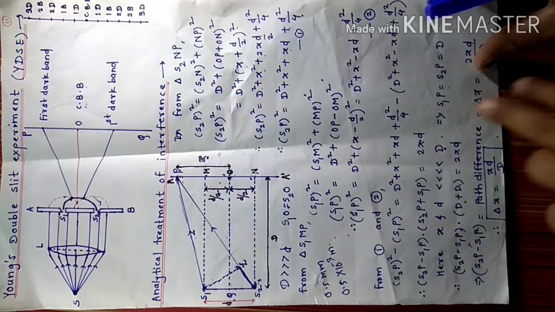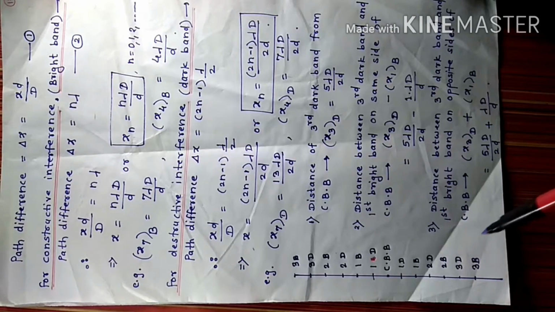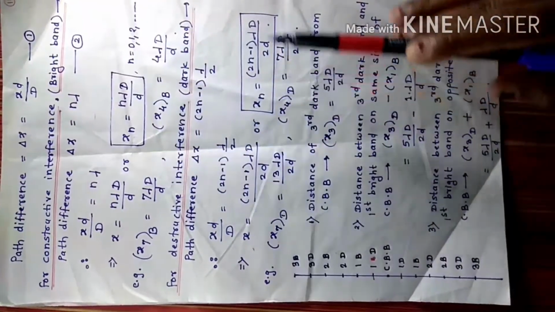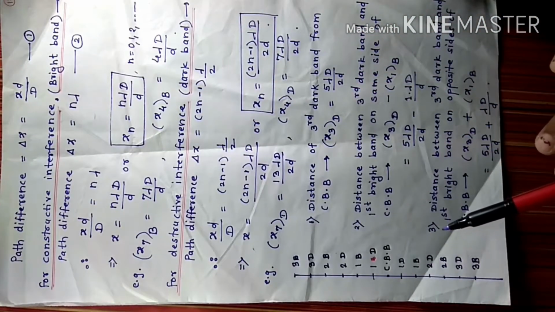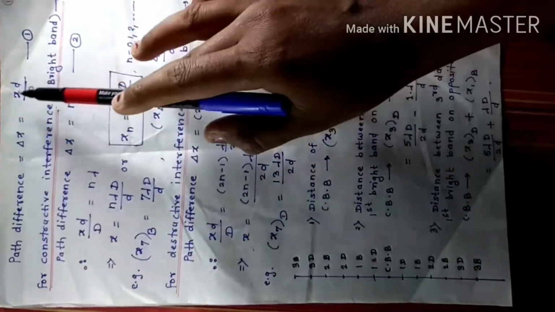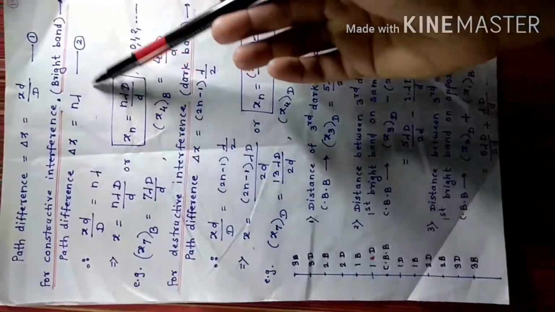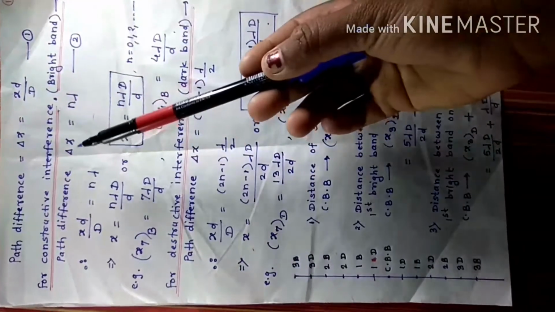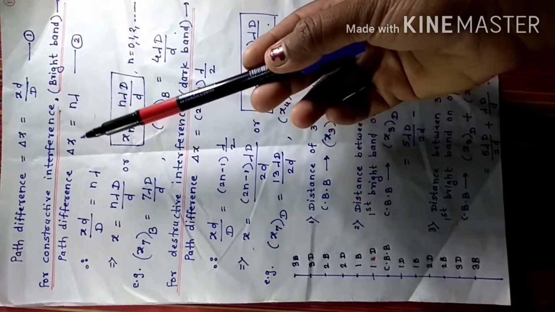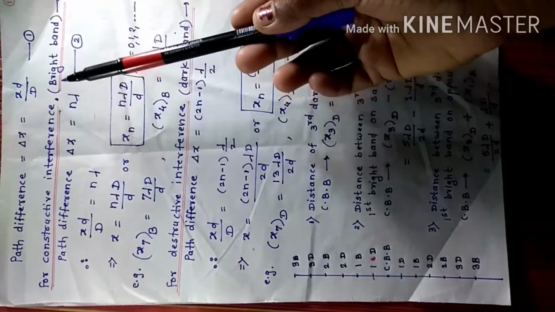In today's lecture, we are going to consider the expression for xn for the bright band and for the dark band. We know that path difference delta x equals xd upon capital D. For constructive interference, or the bright band, the path difference between the two interfering waves should be n lambda, an integer multiple of lambda.